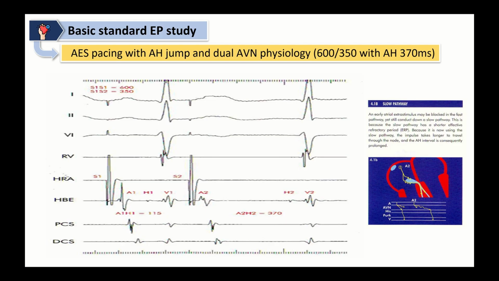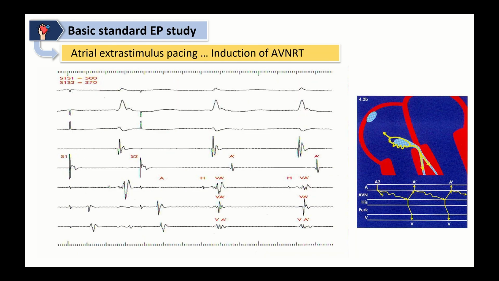When the impulse tried to conduct through the fast pathway, it was in the refractory period, so it jumped from the fast pathway to the slow pathway, and AH increased suddenly by more than 50 milliseconds. This is what is called dual AV nodal physiology.